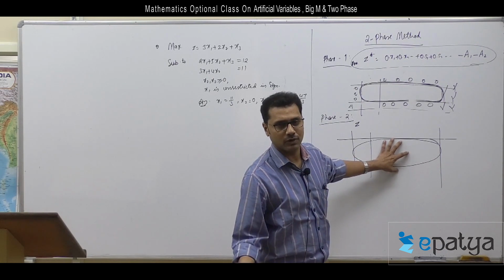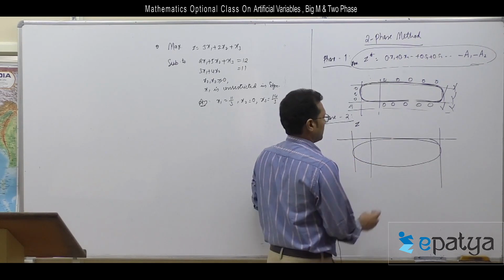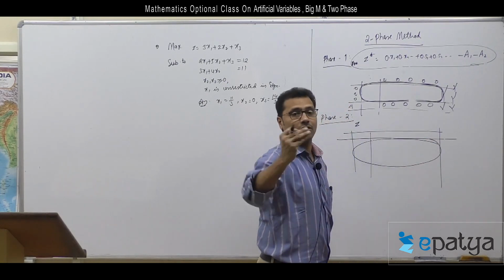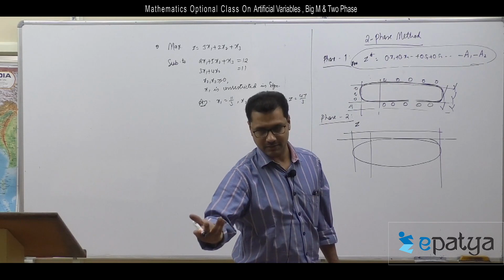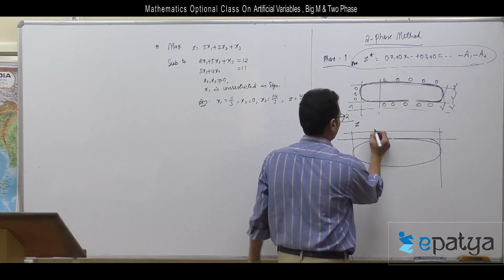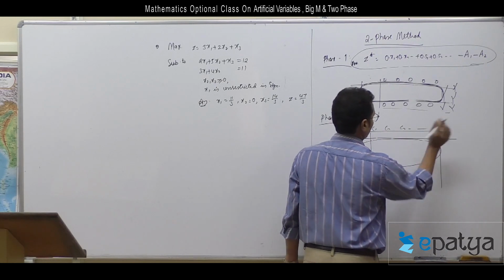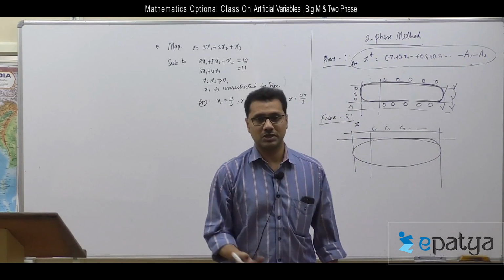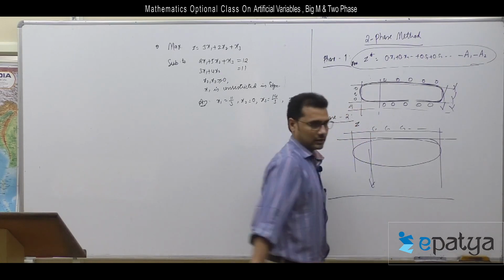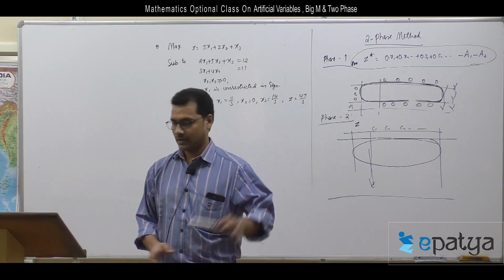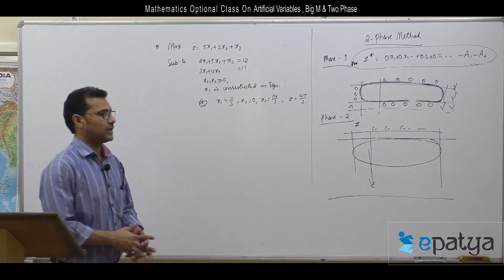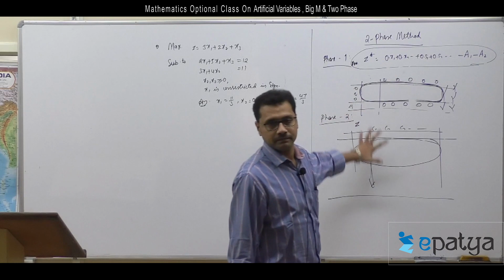Original objective function means the original cost coefficients of all the variables, maybe C1, C2, C3, whatever are there. Then again use the simplex method, finally get optimal. That is phase 2. Take some notes. Phase 1. Understood?